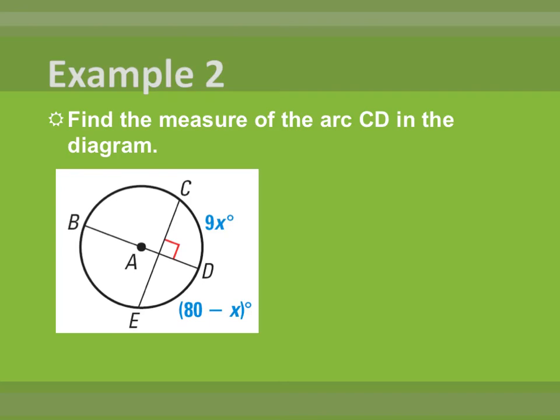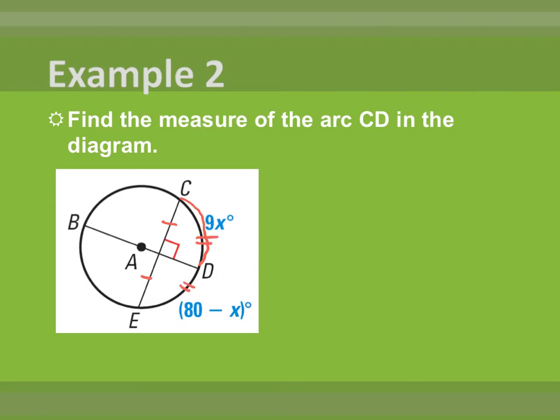Okay, so here it wants us to find the measure of arc CD. So arc CD is right here, and it's associated with 9x. So notice here, these are congruent because this is the perpendicular bisector, which also means that these arc measures are congruent.